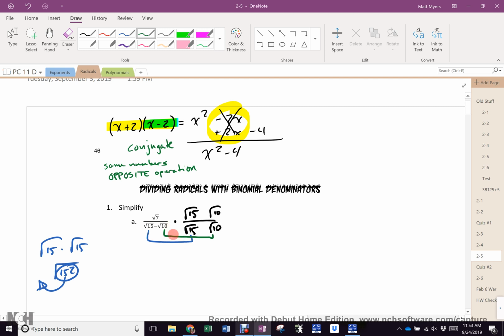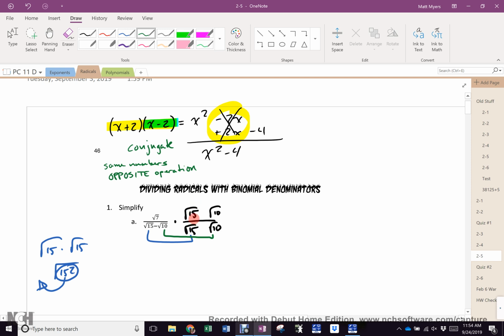You've got the F and the L of FOIL done. What would happen if I did the OI of FOIL right now? Will that eliminate radicals? Can I even do the OI of FOIL right now? Something is missing. What is missing? I need an operation here, do I not? Before I can do FOIL.